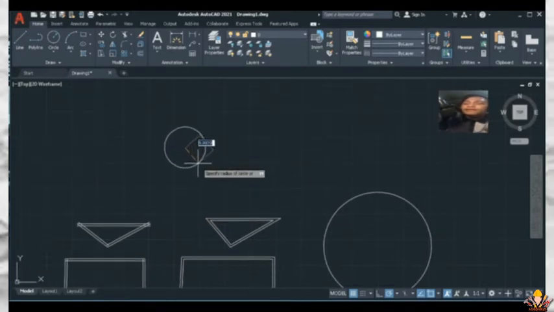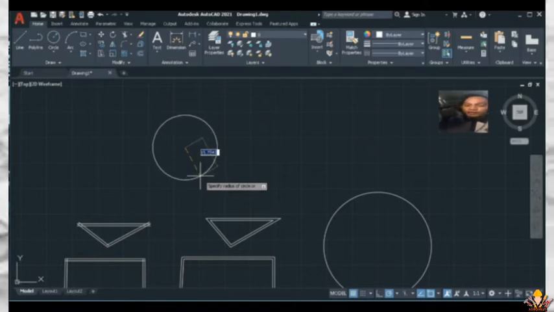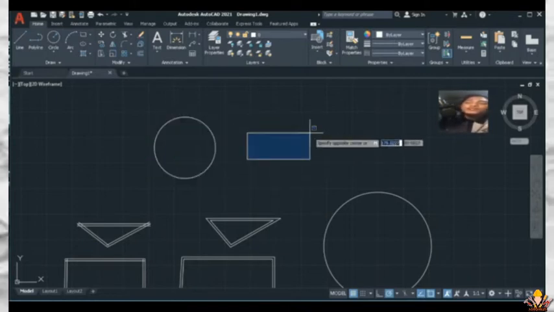And right now it is showing that I have to put a specific radius for the circle, and here I will choose 15 for the radius of my circle and then press enter, and there you have it, the circle that has a radius of 15 meters.